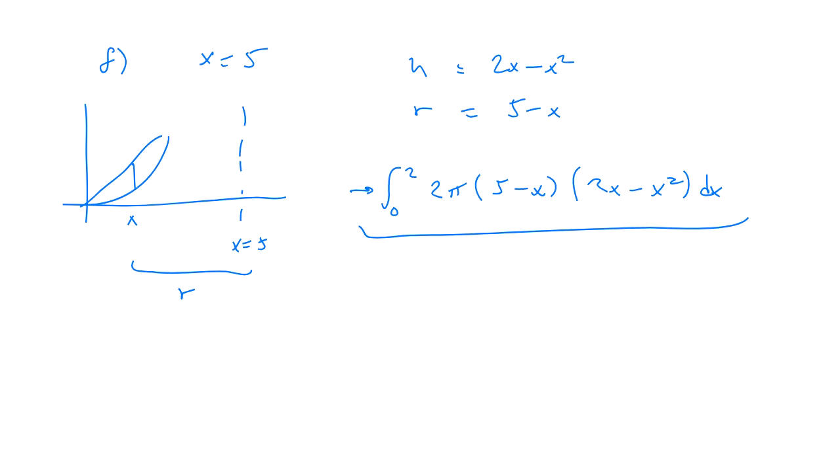Oh, so here, R is the distance from x to 5. And the distance between any 2 points is always the smaller subtracted from the larger. So here 5 is bigger, so we subtract it.